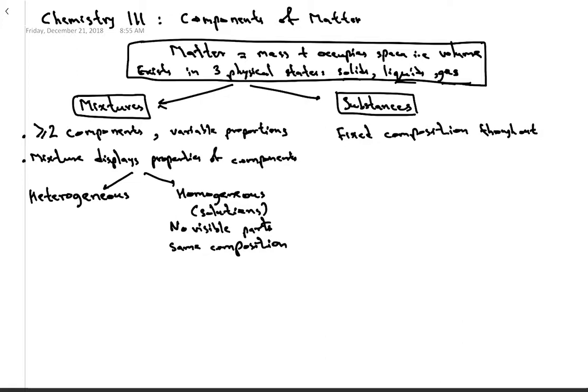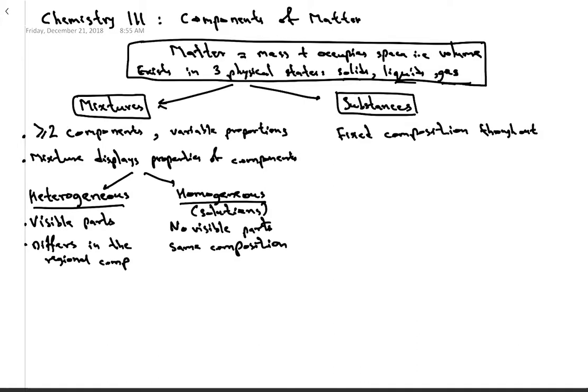Whereas heterogeneous mixtures are, you're able to see the parts individually, so visible parts, and of course because of that there will be differences in the regional composition. So let's take our example of the sand and iron filings.